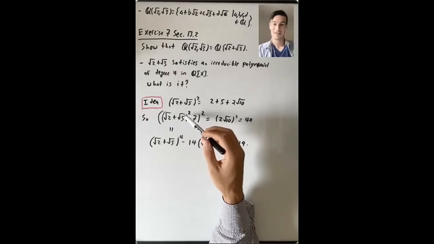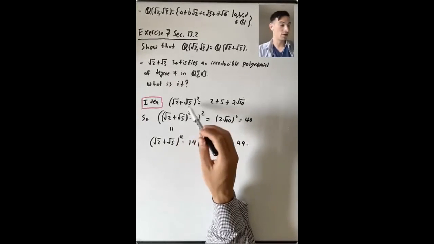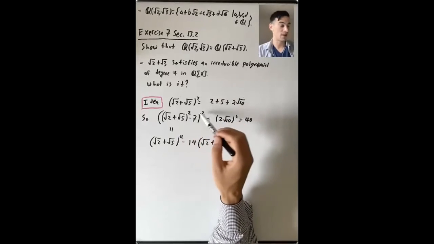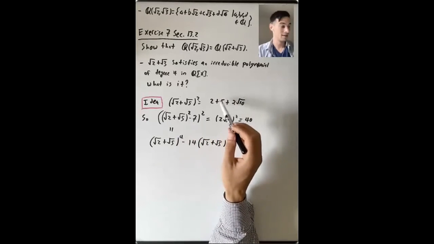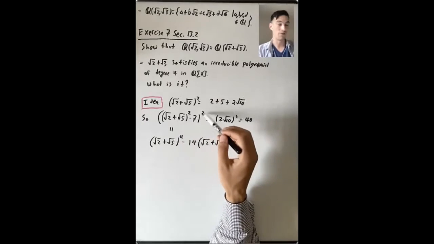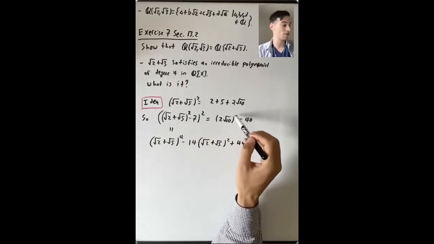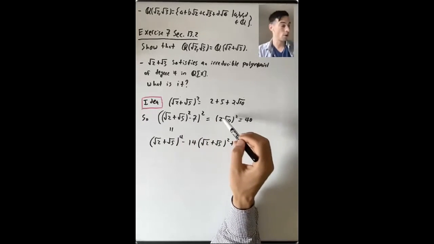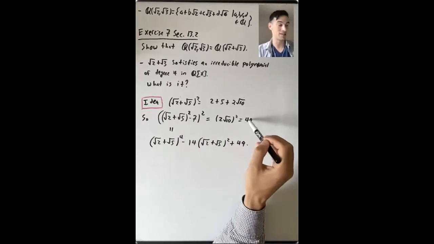So what's the idea? Square root of 2 plus square root of 5 squared minus 2 plus 5, which is 7, is equal to 2 times square root of 10. So if we square it, we get 2 times square root of 10 squared, which is 4 times square root of 10 squared, which is 10, which is 40.